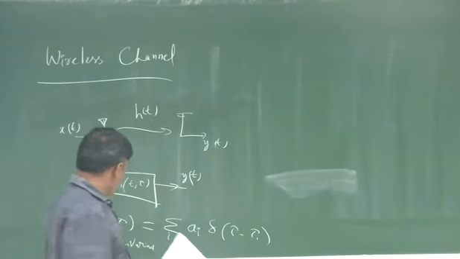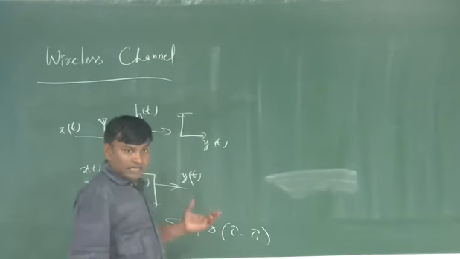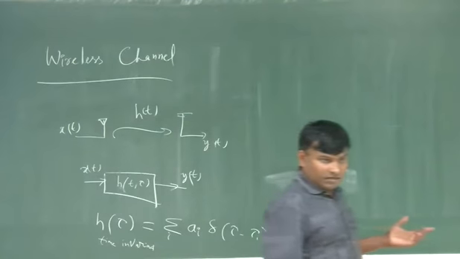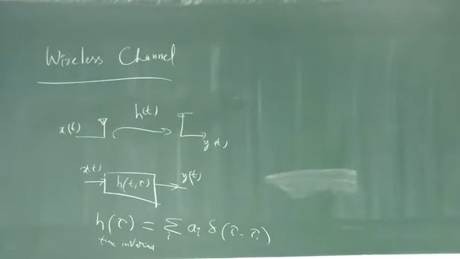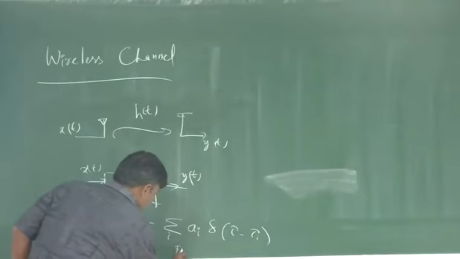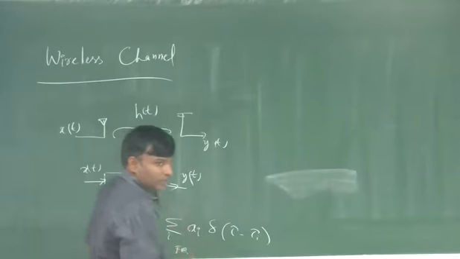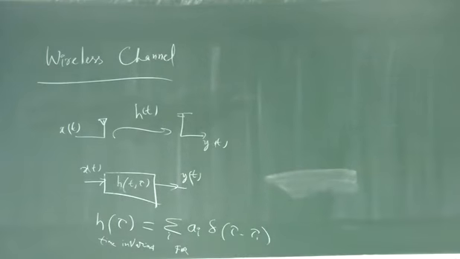Well, if the summation is over a finite duration, then it is a finite impulse response, FIR. It is FIR because the summation takes finite time.